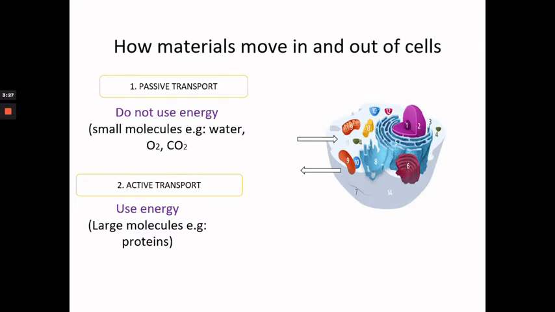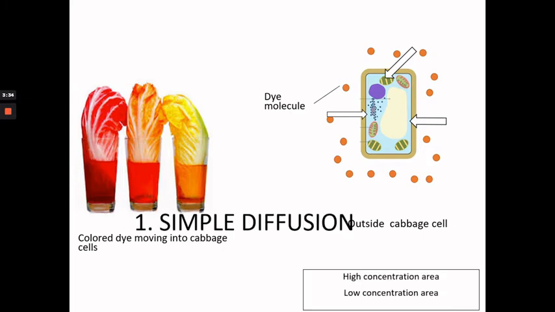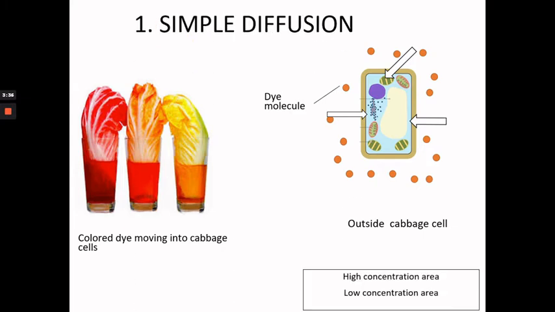So let's take a look at passive transport and active transport, starting with the first example of passive transport, called simple diffusion. Now, in this picture right here is a colorful experiment about a cabbage inside a dye solution. And what you can see here is that the dye molecules are moving into the cabbage cells, making them very colorful.